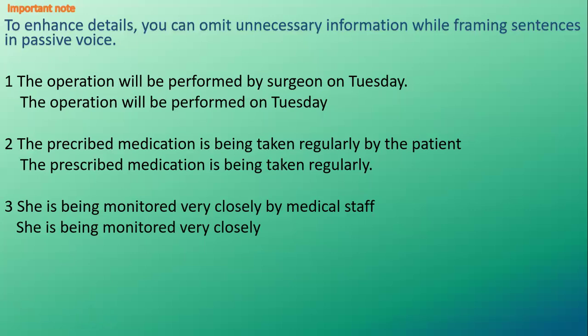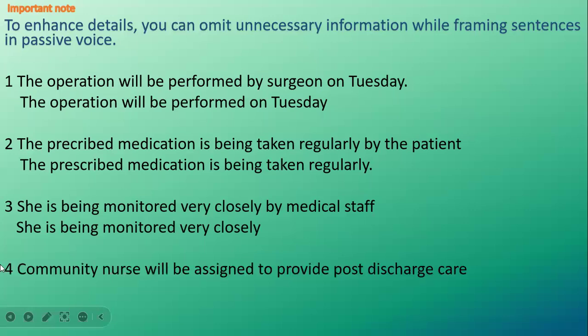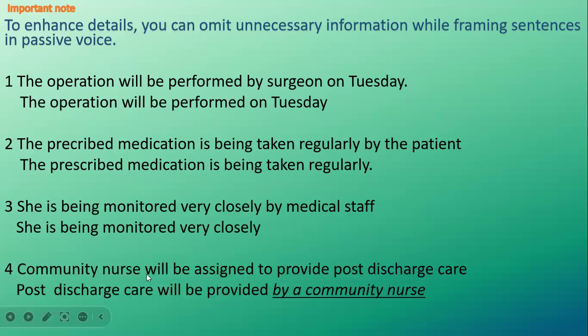While framing a passive sentence, we focus on the right parts of the sentence and we omit unnecessary information from the sentence. So, a community nurse will be assigned to provide post-discharge care.